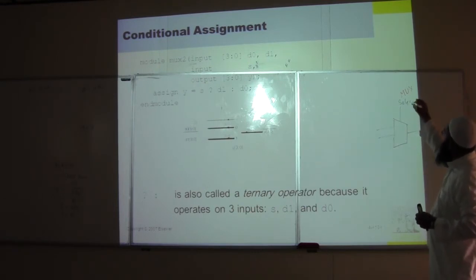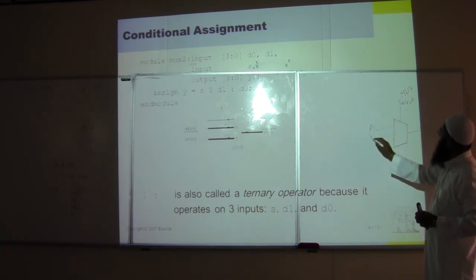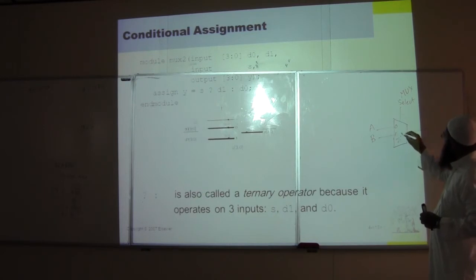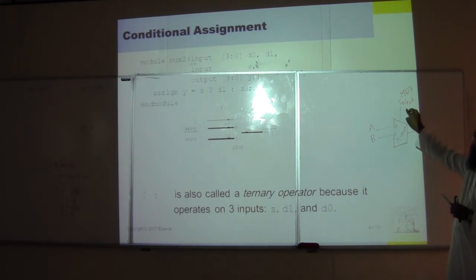This is select. Say A, B, so 0, 1, and the output is Y. This is a 2:1 mux, right? So if you give select 0, A will go to the output. If you give select 1, B will go to the output.